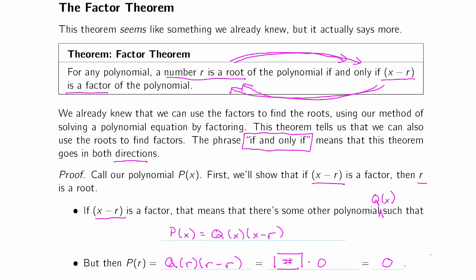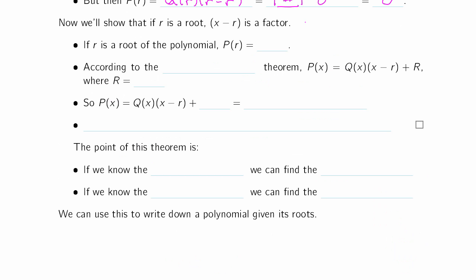So p of r is 0. That's what it means for r to be a root. R being a root means the same as p of r is 0. Okay, so if we have a factor, that gives us a root. Now we're going to show the really new and exciting part. If we have a root, that gives us a factor.